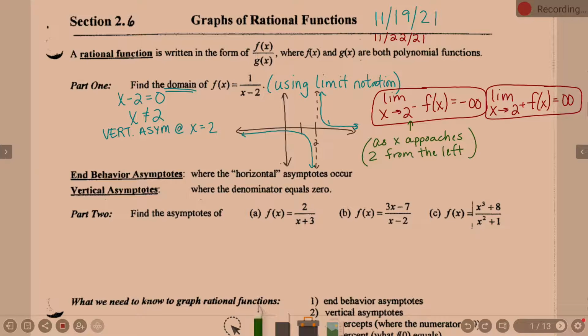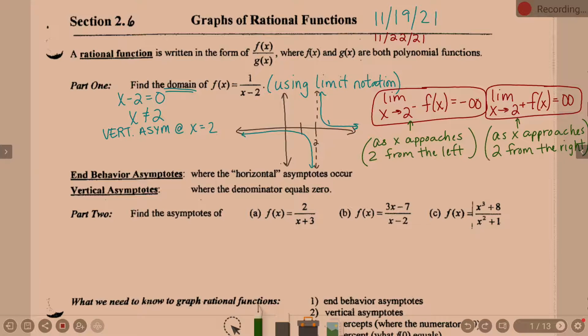And that's because there's a negative sign there. This one says as x approaches 2 from the right.